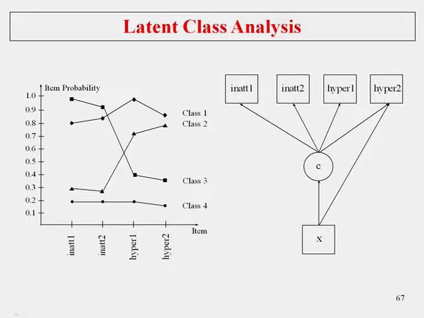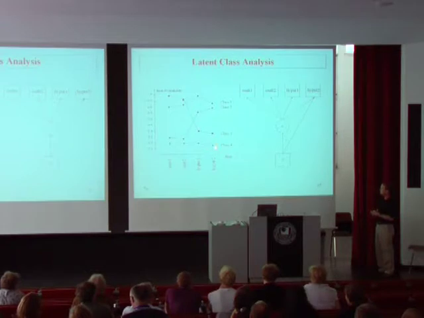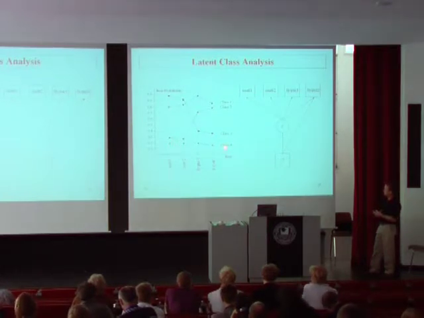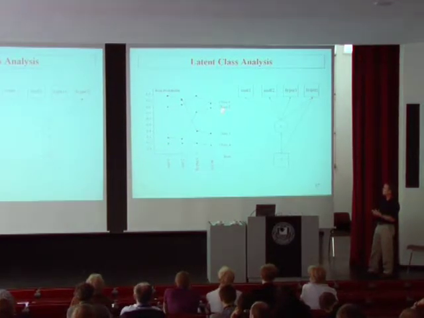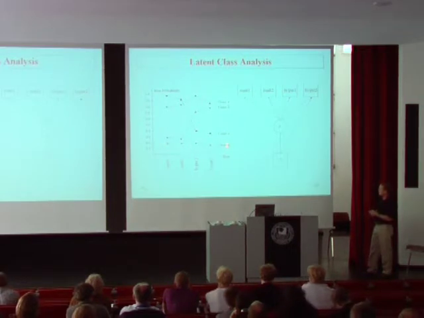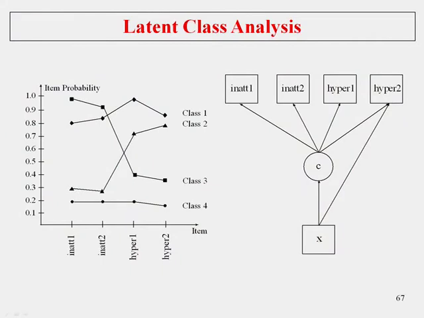And for instance, here, we're going to look at a profile. We're going to talk about item profiles. Here's a profile of individuals who are in class 4, and they have a low probability relative to the other classes, low probability of endorsing any one of these 4 items. So we can think of class 4 as the normative class.